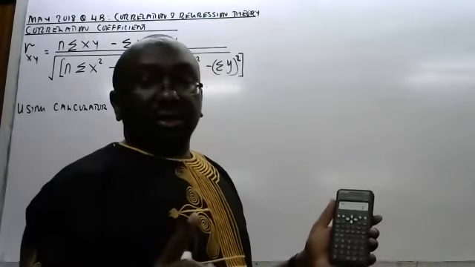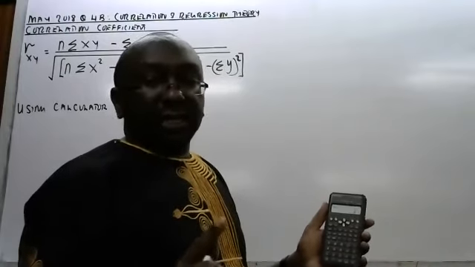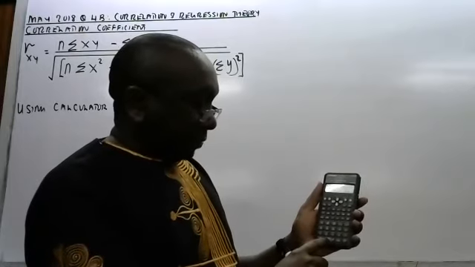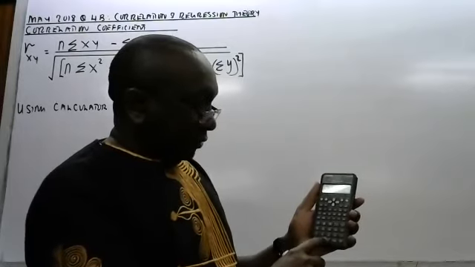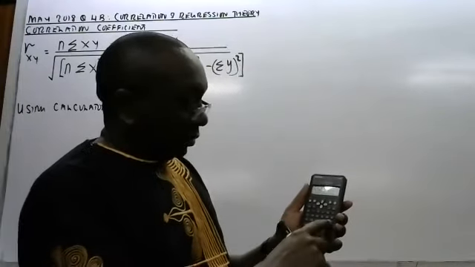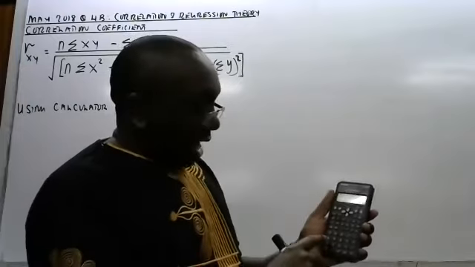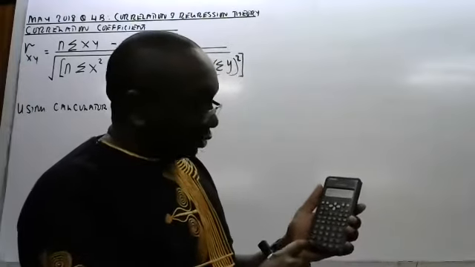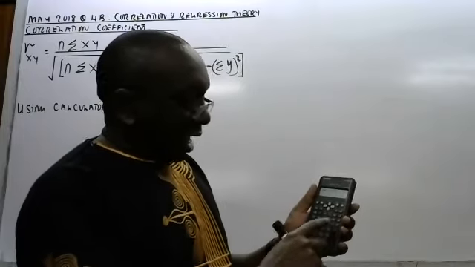Sales are in thousands, and I've been telling you you should use data in the same form. So press 50,000. M plus. 70, 120,000. M plus.